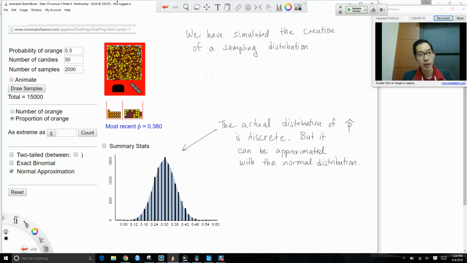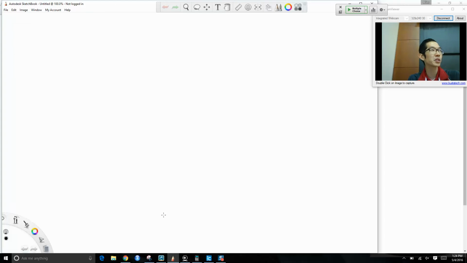Okay. Now, here we were talking about the proportion of orange candies. But if we were dealing with the number of orange candies, what is this distribution? If I had to calculate these probabilities for the number of orange candies, this would actually be a binomial distribution, right?